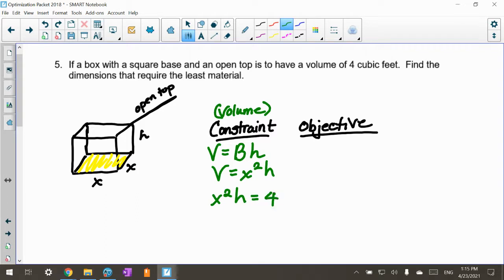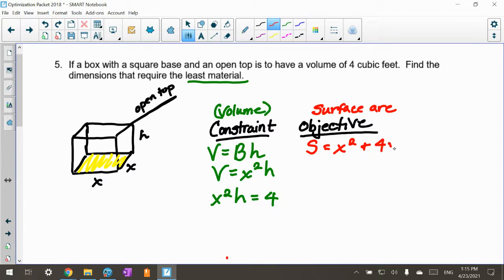Now the objective is to find the dimensions that require the least material. So the least material here is our surface area, or the cardboard, or whatever the box is made out of. The surface area is the base, which is x squared, and then I have a side that's x times h, and I go all the way around, and they're the same because the base is square.